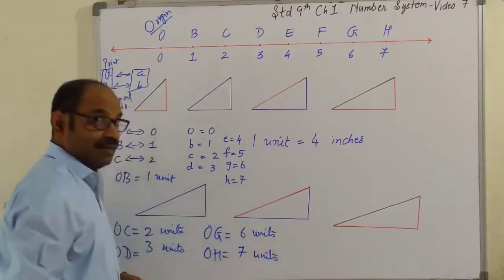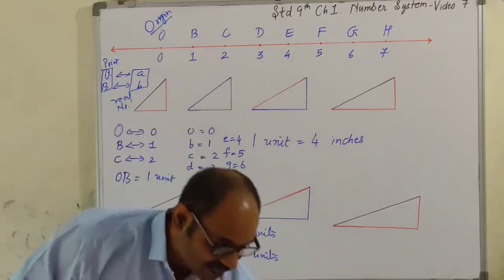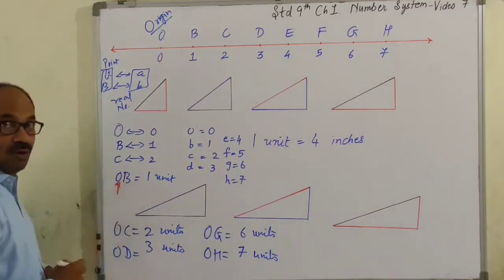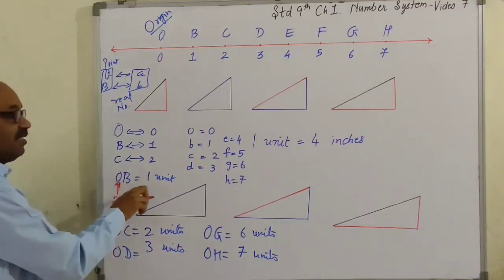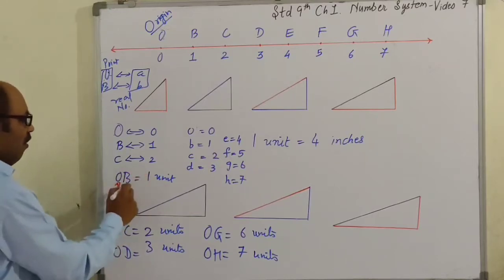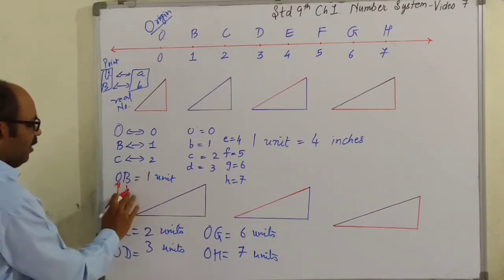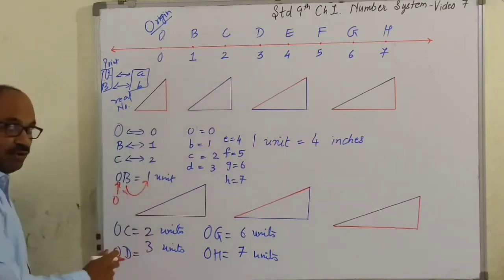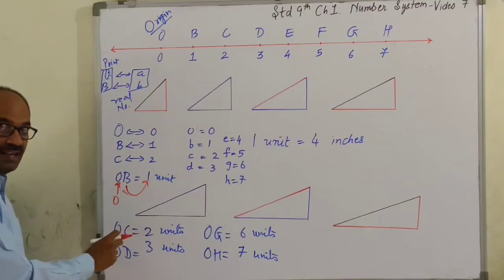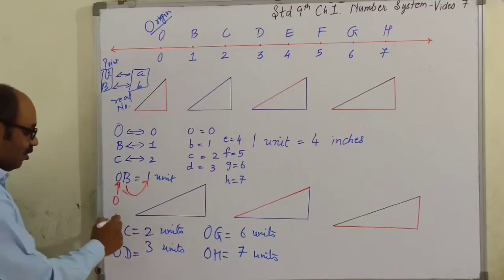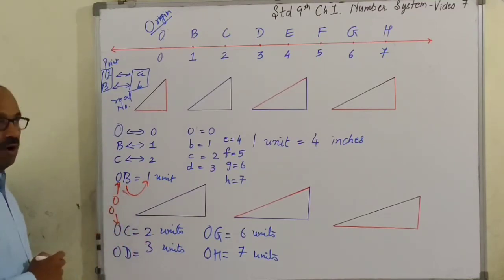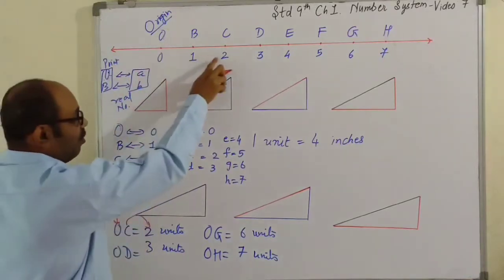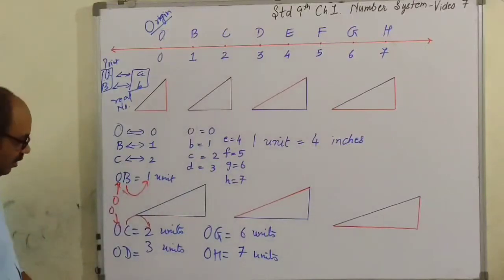Are you getting me? That is what you have to understand here, children. See, what corresponds to O? 0. And what is the distance OB? 1 unit. So obviously number corresponding to B is 1. Can you see that? Now OC is 2 units. Distance between 2 points O and C on the number line is 2 units. What corresponds to O? 0. Then this number 2 will correspond to C. Correct?